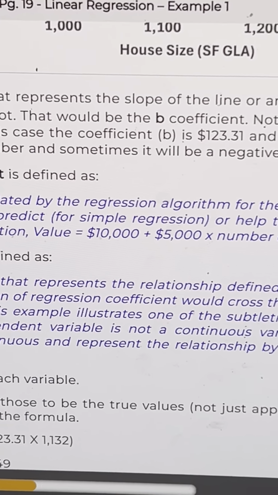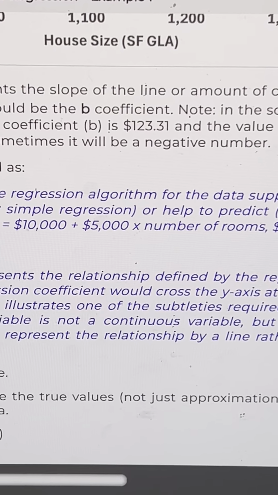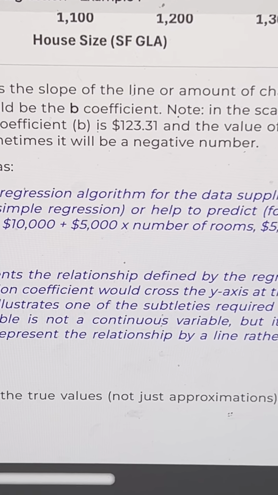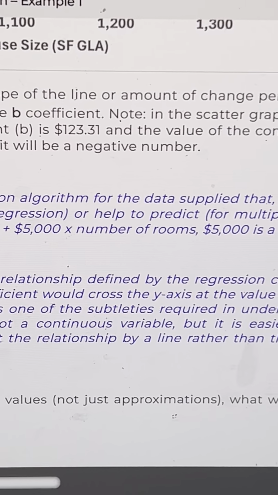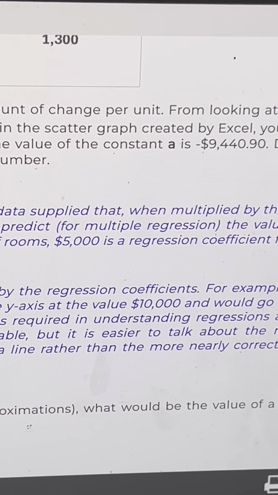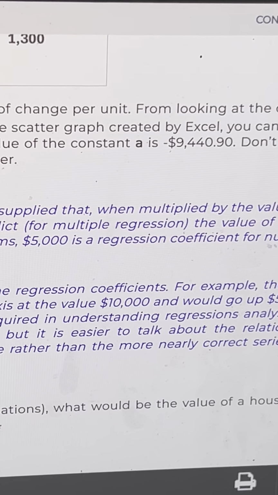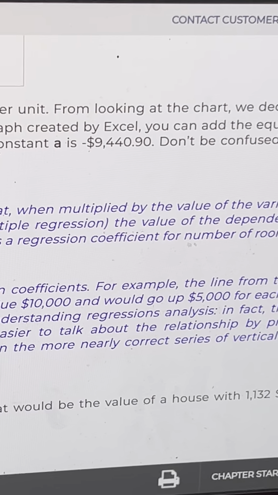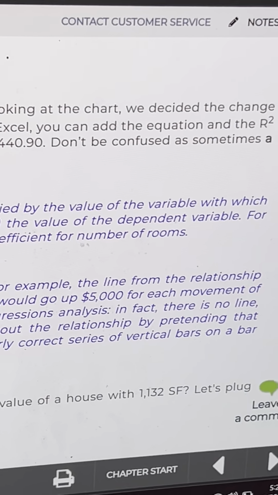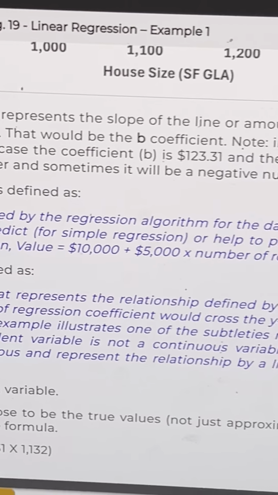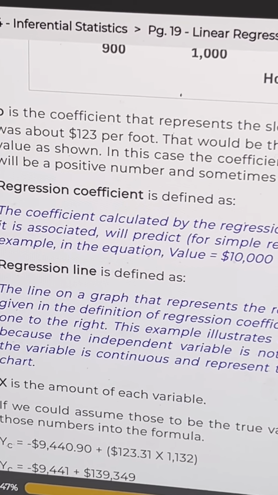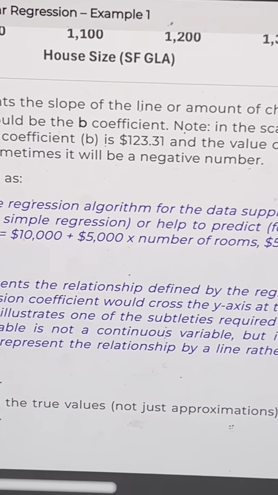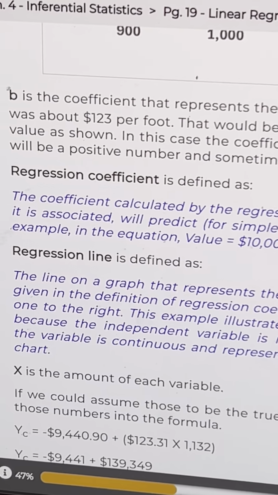In this case, the coefficient B is $123.31, and the value of the constant A is negative $9,440.90. Don't be confused, as sometimes A will be a positive number and sometimes it will be a negative number.